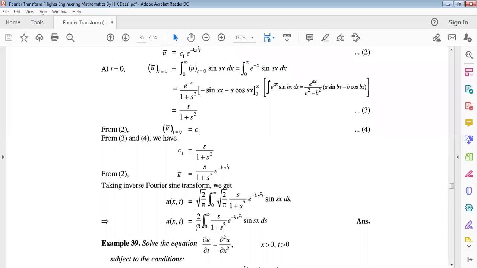This is why 2 divided by pi, integral from 0 to infinity of s by 1 plus s square, e to the power minus s t. This is the u(x,t) function, and this comes from the inverse Fourier transform. u(x,t) equals this one, the given result.